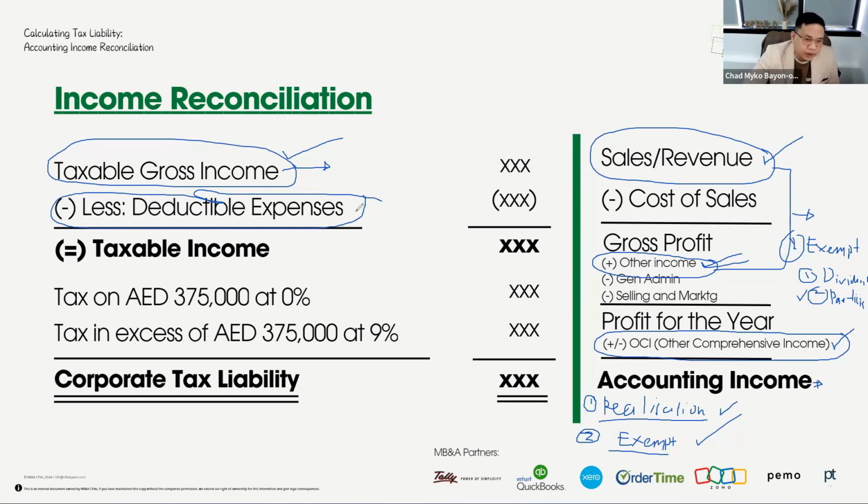The consideration for your taxable expenses is correlated with your expenses here and your expenses here. So either of these two. What are those adjustments? So you have the adjustments for number 3, non-deductible expenses.